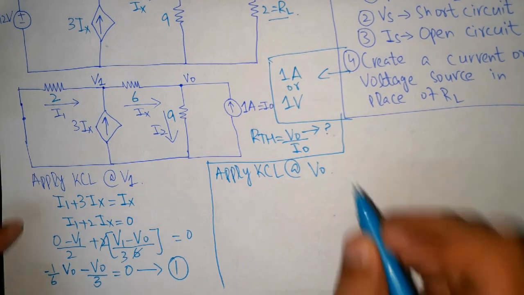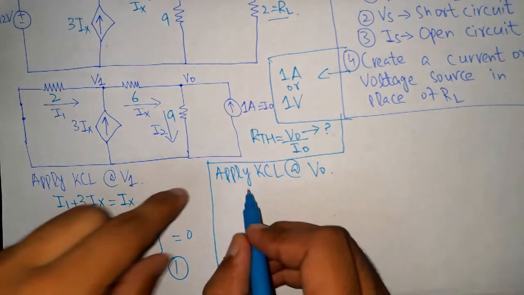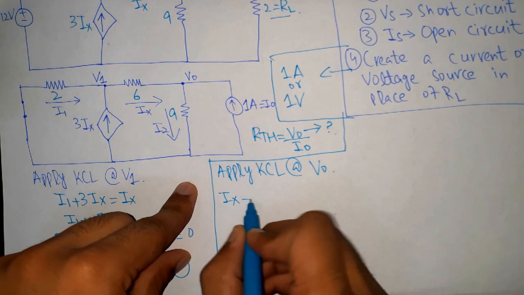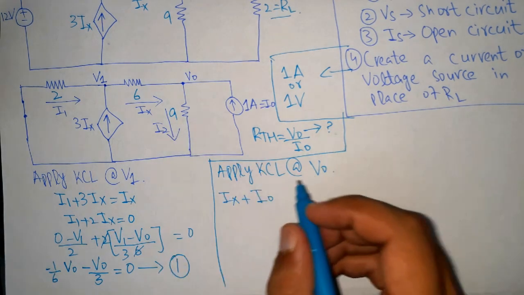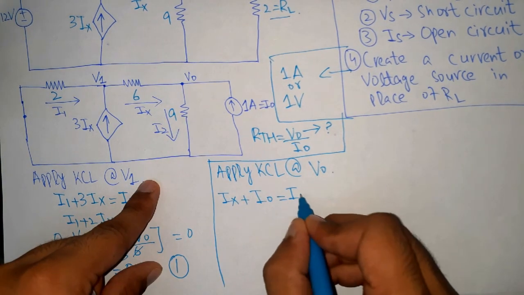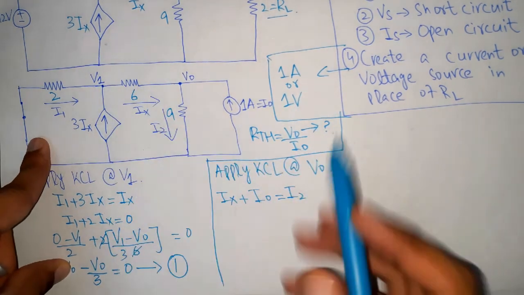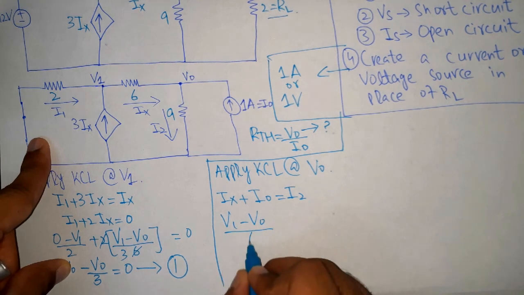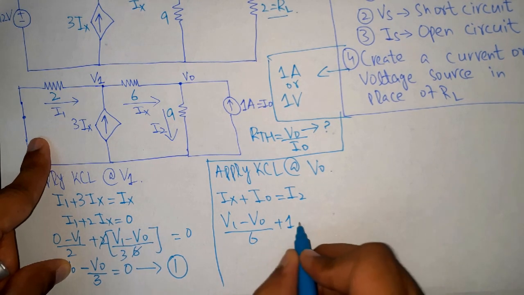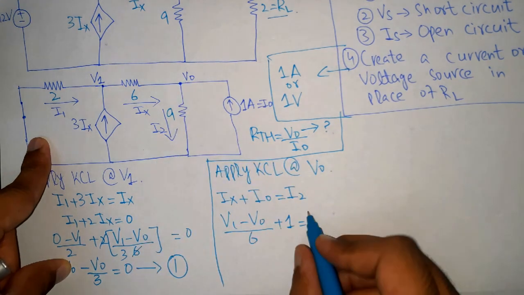So students, at V0 there are 2 currents entering, Ix and 1 ampere. So I will write it as Ix plus I0, and one current is leaving the node, which will be equal to I2. So here Ix will be equal to V1 minus V0 divided by 6, and I0 is 1 ampere, and I2 is equal to V0 minus 0 divided by 9.